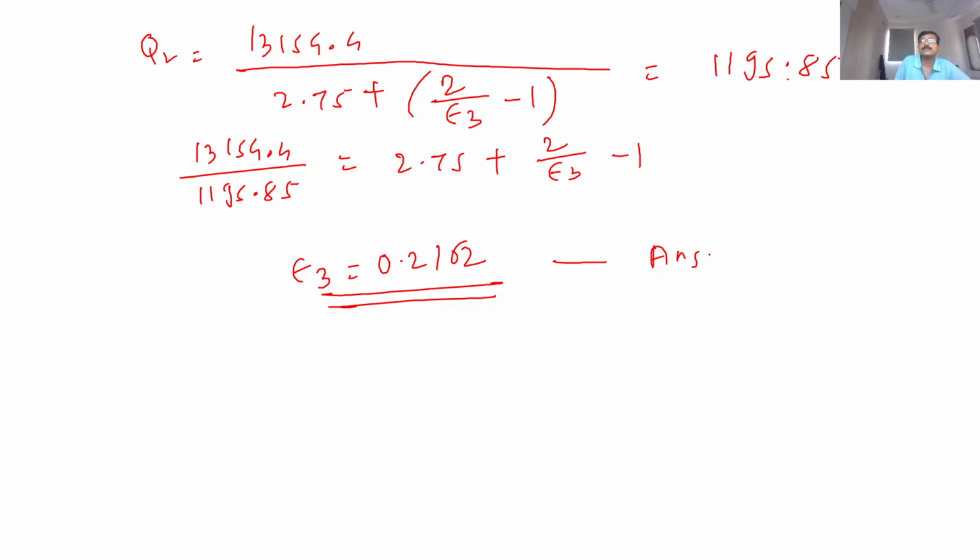This is answer 2. It means after adding the radiation shield, the heat transfer rate is reduced to 1/4 of the original, but the emissivity of the shield was not given, which we have calculated as epsilon 3 equal to 0.2162.